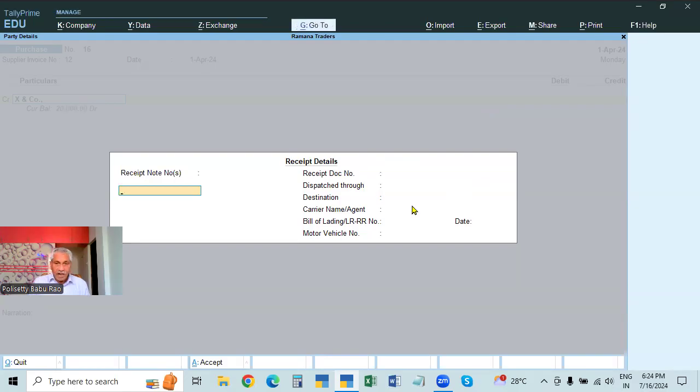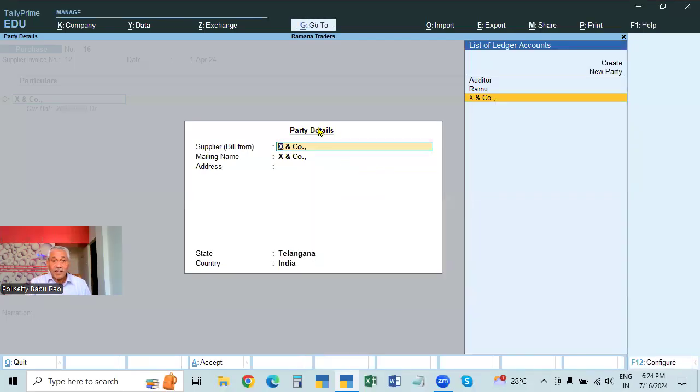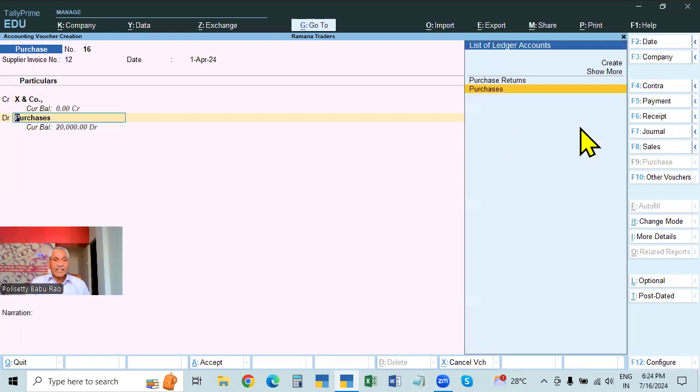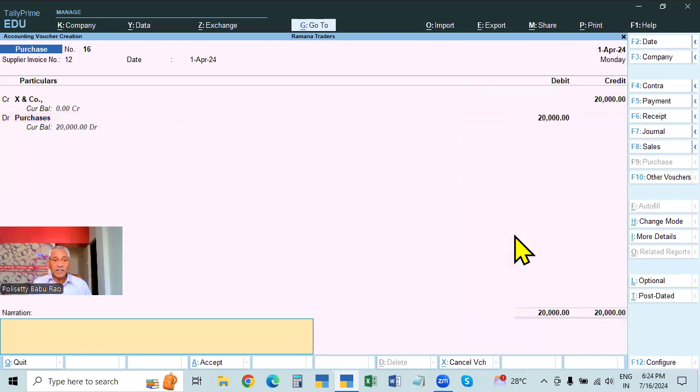If you go to the next page, I am skipping it, Control A, it is saved, and the party details of the account we created will be shown here. Again Control A, X and Co. We purchased goods worth 20,000 rupees.